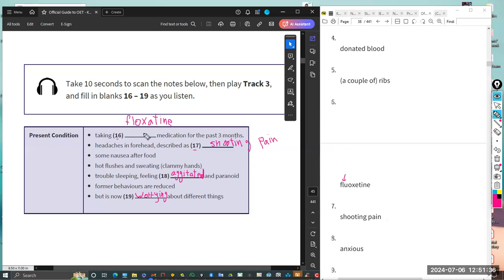And it is not A, we have to write E. So this is what I meant by being familiar with the medication or maybe medical vocab. This is really important. Shooting pain is correct. Thank you so much. But you said 18 is anxious. Feeling anxious and paranoid.